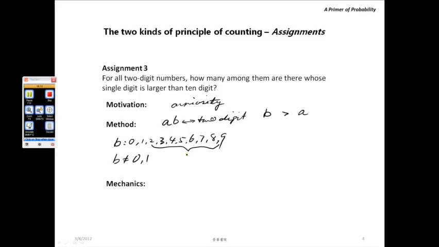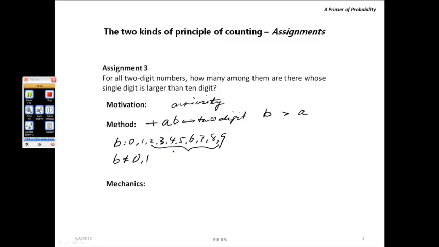This implies we don't need to care about the 10 digit. Therefore, we conclude it is a one-step job and the addition method should apply.